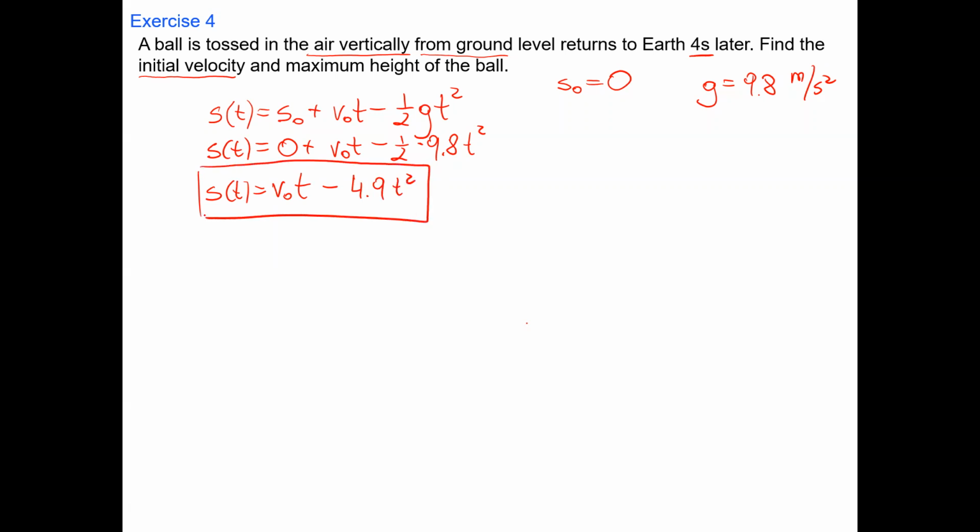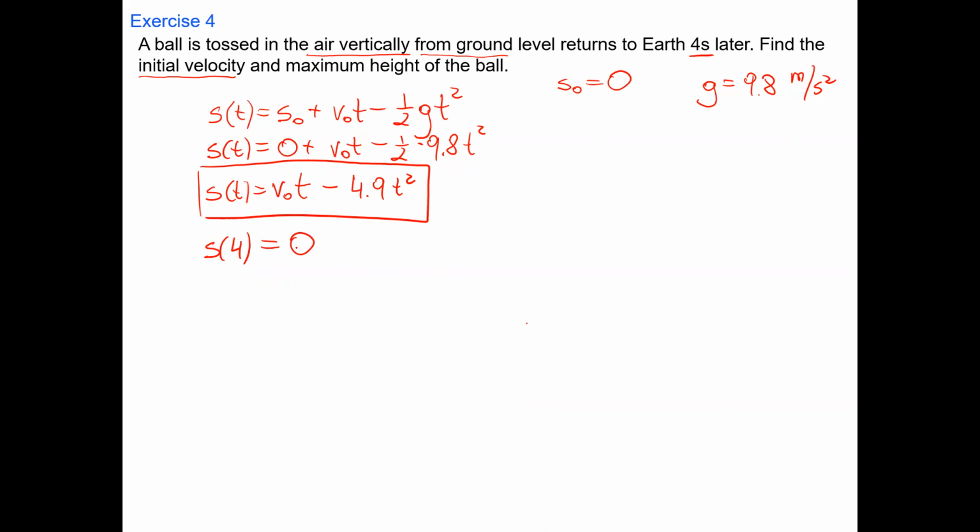But we have to find the initial velocity. How can we find it? We know that after 4 seconds, the ball returned to Earth. Then after 4 seconds, the position function was 0. That's how we built the model.